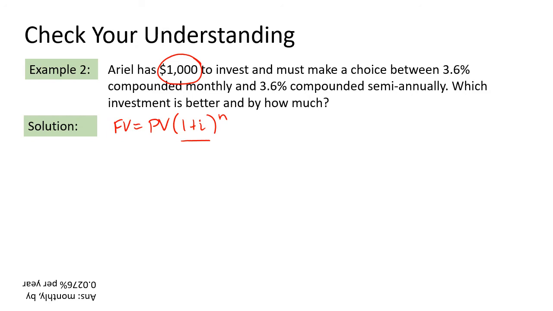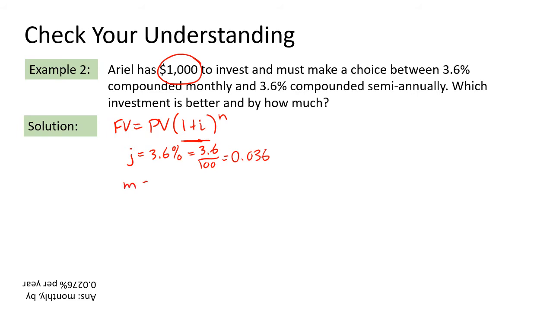So again, the key item we're looking at is which multiplier is higher, right? Because whichever one has the higher 1 plus I to the n term is giving a higher rate of return. So for the first one, it's 3.6% compounded monthly. That means J, the nominal interest rate, is 3.6%, which is 3.6 divided by 100, or 0.036.